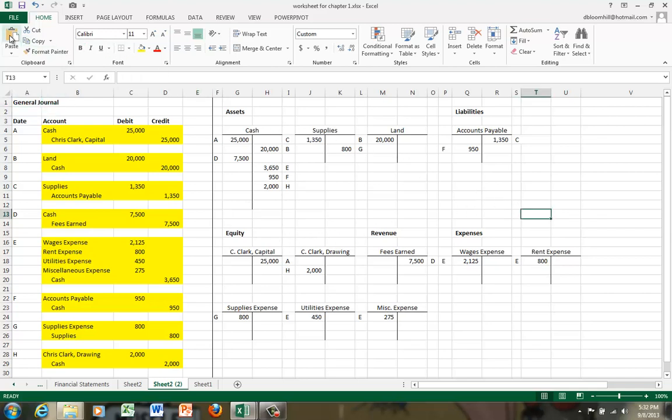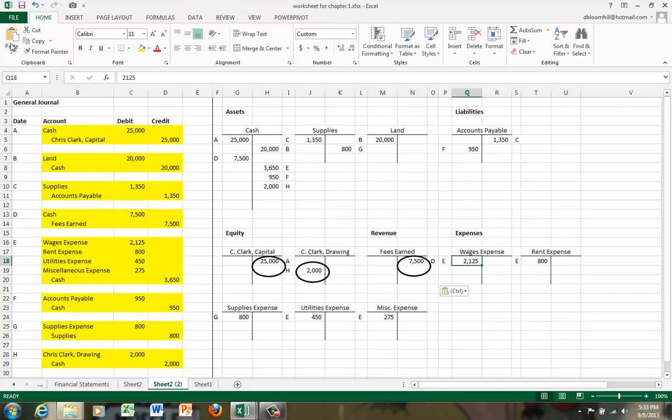So for example, the ending balance of Chris Clark Capital is $25,000 on the credit side. Once again, very important that ending balance is on the credit side. The ending balance of Chris Clark Drawing, $2,000 on the debit side. Ending balance of fees earned, $7,500 on the credit side.